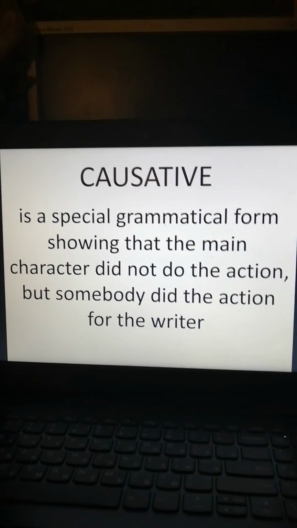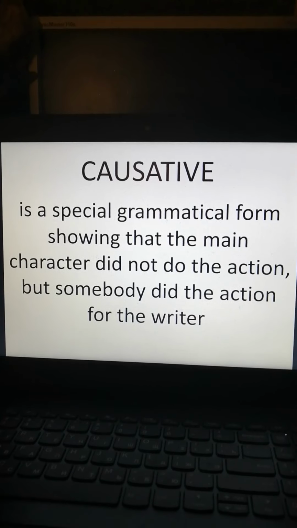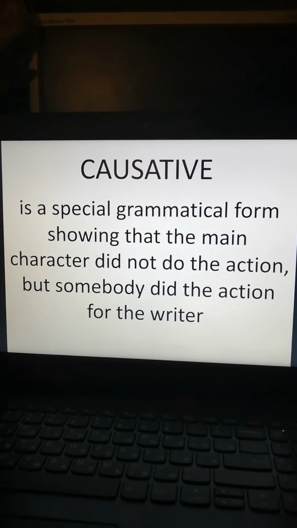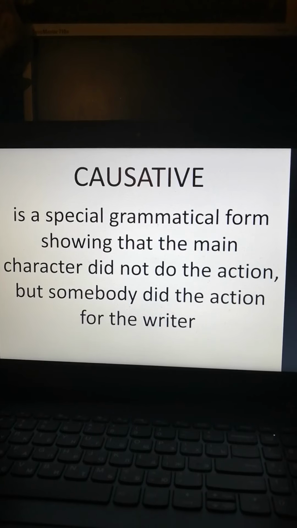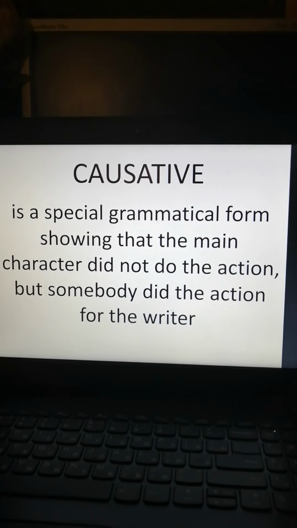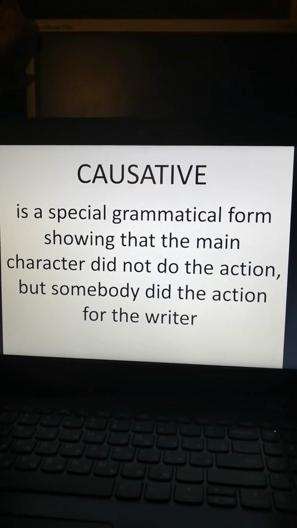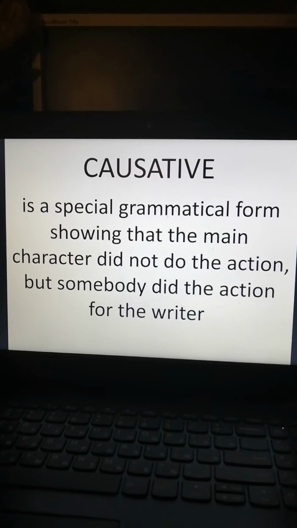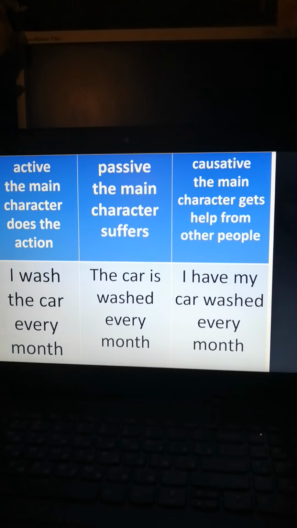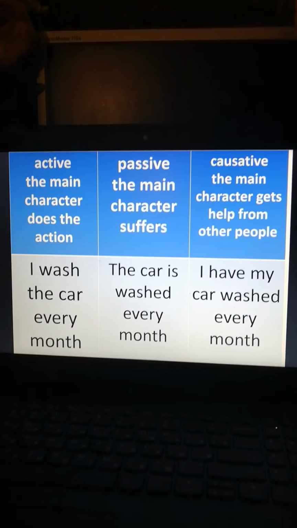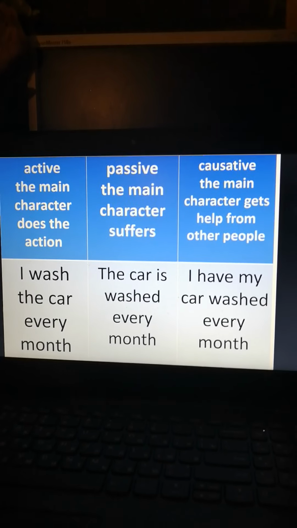So what is causative? Take your time, think for a minute, and try to answer. Yes, causative is a special grammatical form showing that the main character didn't do the action, but somebody did the action for the main character. Actually, I would say there are three groups of grammatical forms.